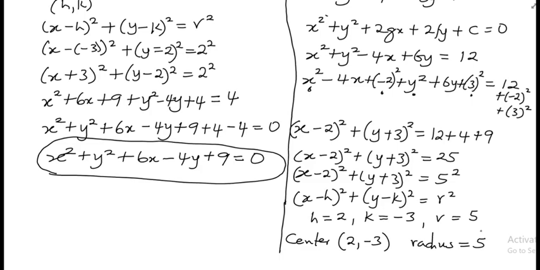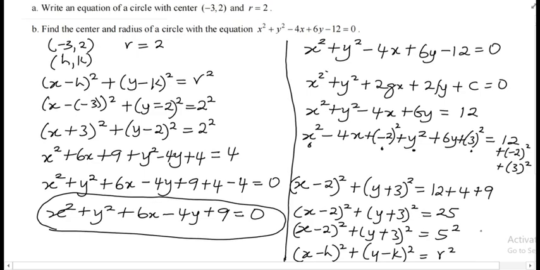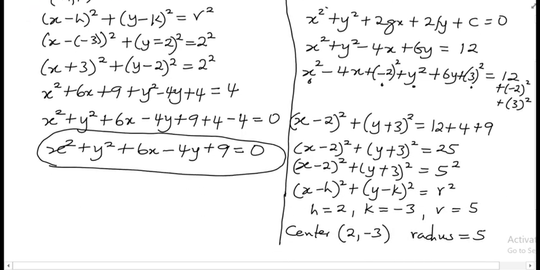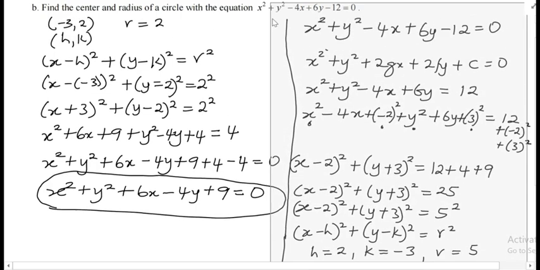Now there is another way which you can do that using x squared plus y squared plus 2gx plus 2fy plus c. So let me write the equation so that I can use the other method of doing it.